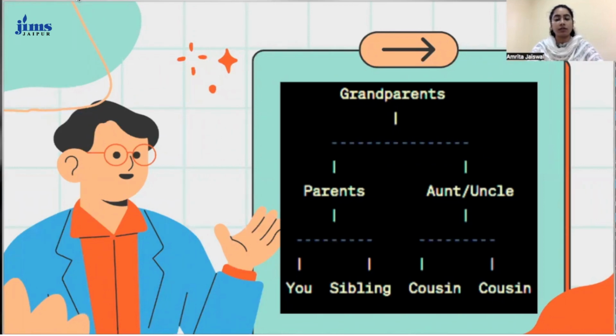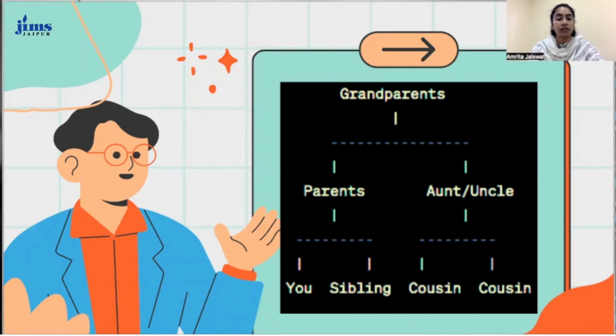So let's say that you are a graduating student and your family tree consists of your grandparents, your parents, and your siblings. Your family tree could be represented like this, as you can see on the screen. Brand architecture is just like the family tree, wherein you specify the master brand, similar to your grandparents, and move downwards by drawing its relations with other brands and their interpersonal relations as well.